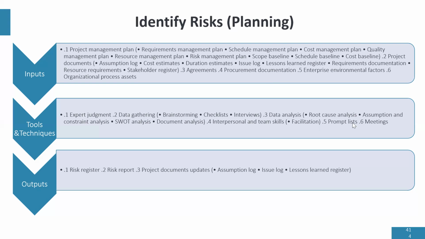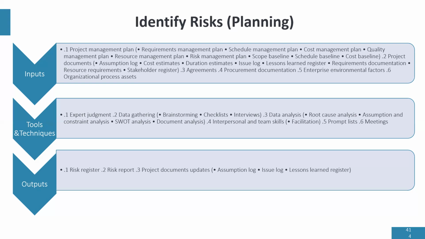And then you can use a prompt list like PESTLE analysis. Now, when we talk about PESTLE, PESTLE is an acronym for political, economical, social-cultural, technological, legal, and environmental. But you can also use PESTLE as risk categories.